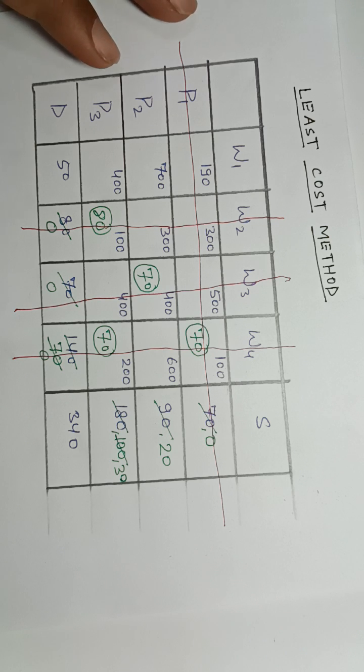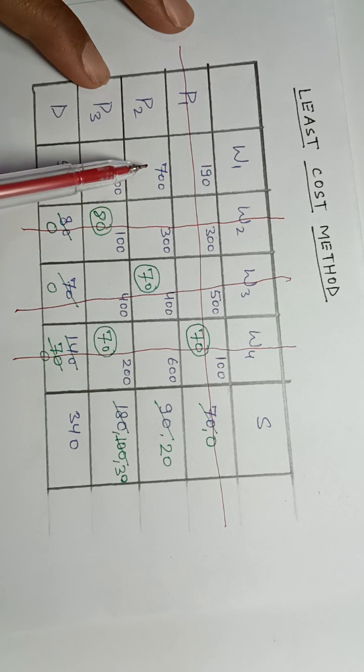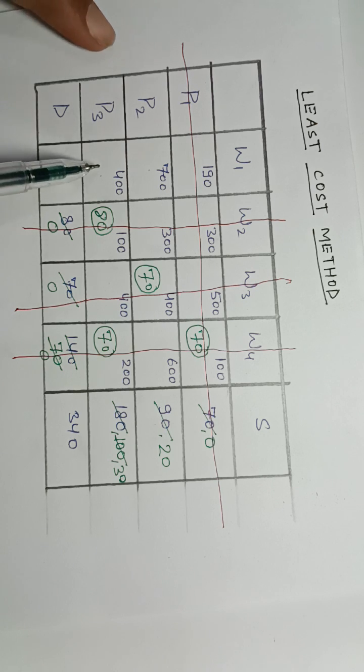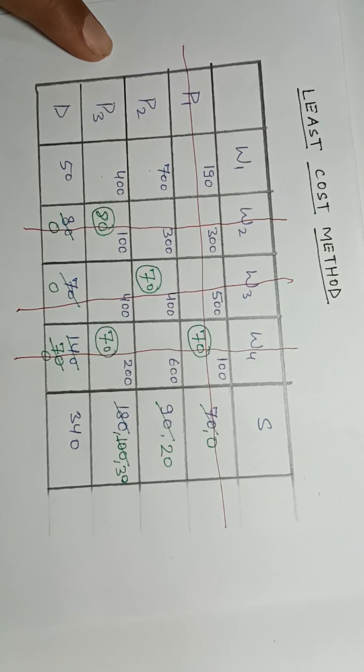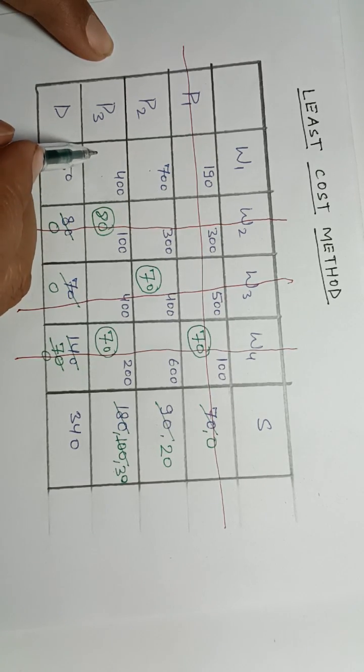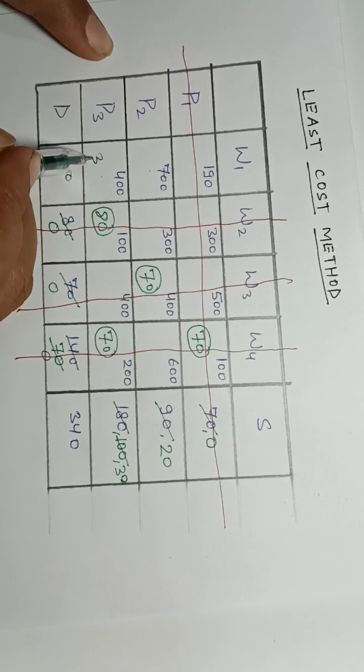Again the remaining cells are this cell and this cell. Only two cells remain, and among these two the least cost is 400, this one. Here the supply is 30 and the demand is 50, so the maximum we can allocate is 30 units.